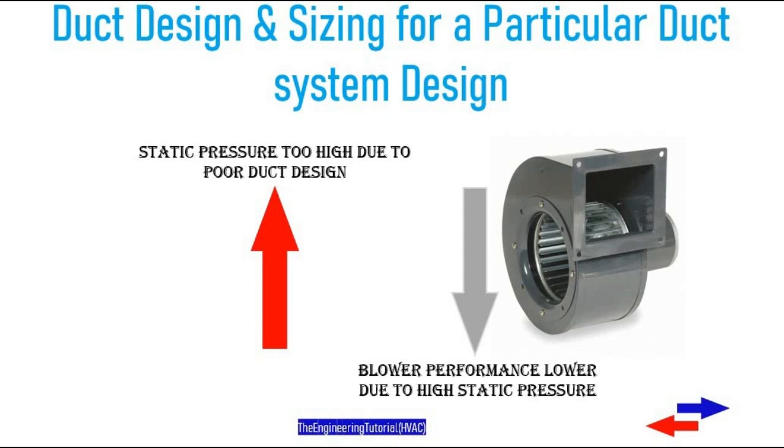If it's too low, the blower will deliver more airflow than needed. So the external static pressure is the amount of resistance through the evaporator, supply duct, supply register, return grill, return duct, and filter before it returns to the blower.